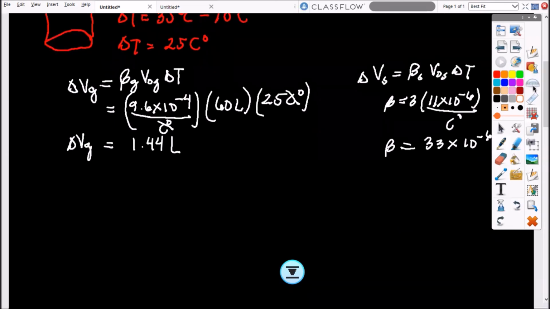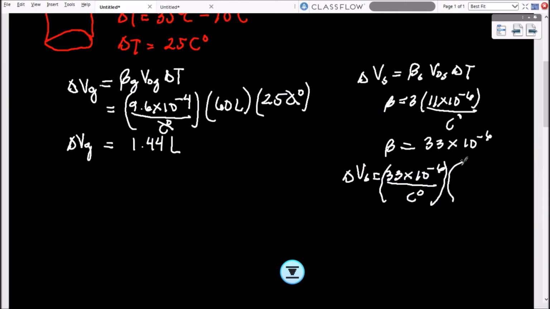Then we can now solve for the change in volume of the steel tank, and that is 33 times 10 to negative 6 per Celsius degree multiplied by the initial volume of the steel tank, 60 liters, times the change of temperature. Both the gasoline and the steel tank are subjected to this change of temperature, 25 Celsius degree.